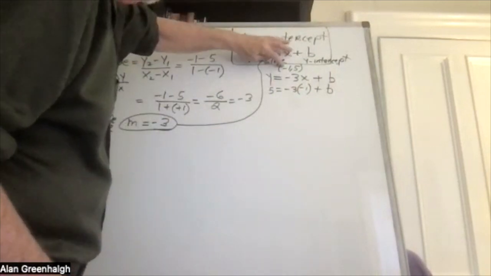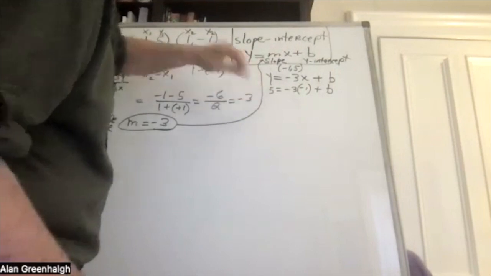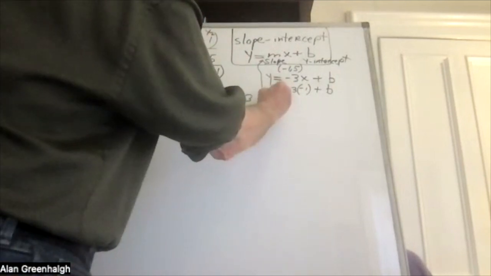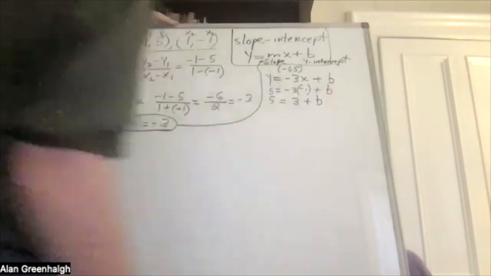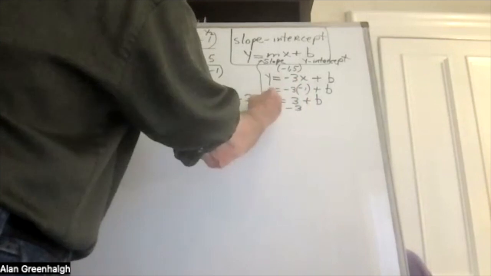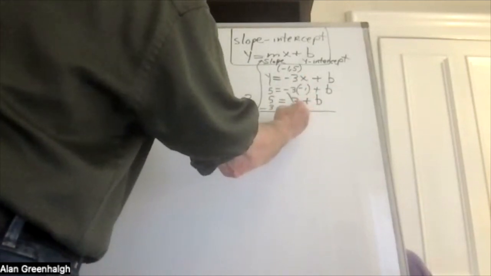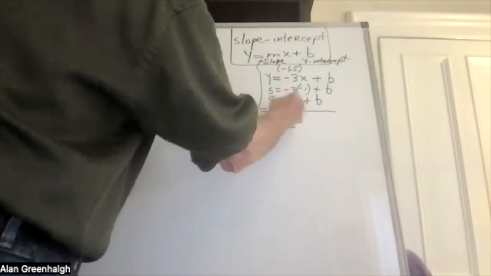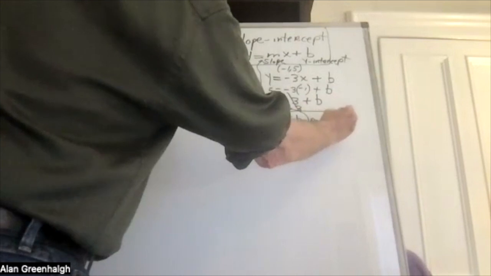All right, so the x goes there, the y goes there. 5 equals 3 plus b. Subtract 3 from both sides. b equals 2, or 2 equals b, or b equals 2.